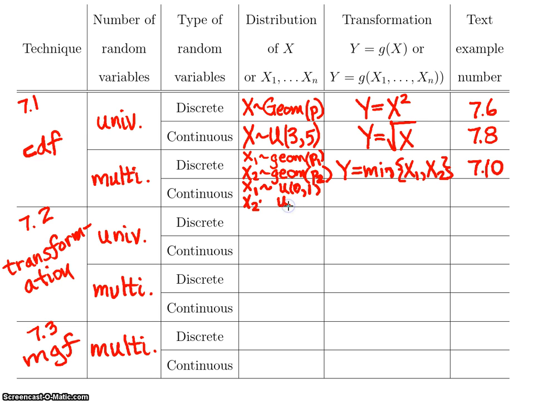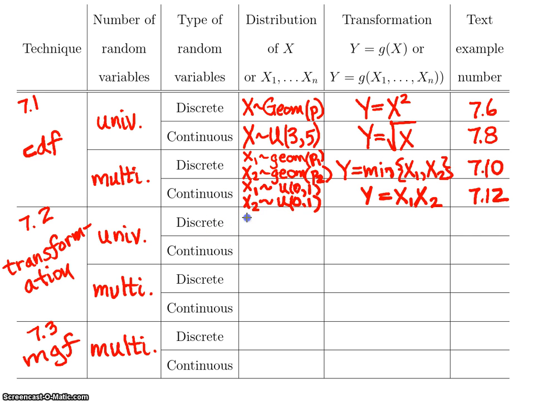When you look at that particular example, we'll be considering the random variable Y, which is the product of X1 and X2. That particular example is 7.12 in the text.